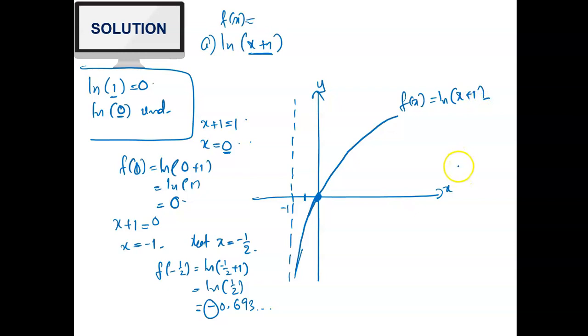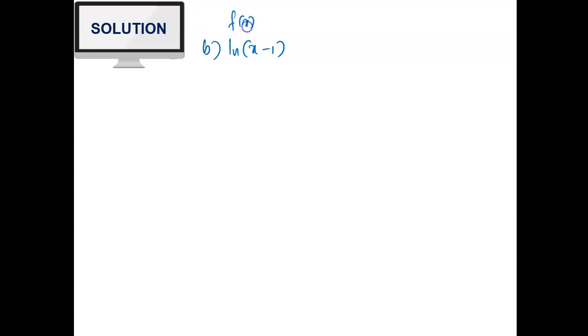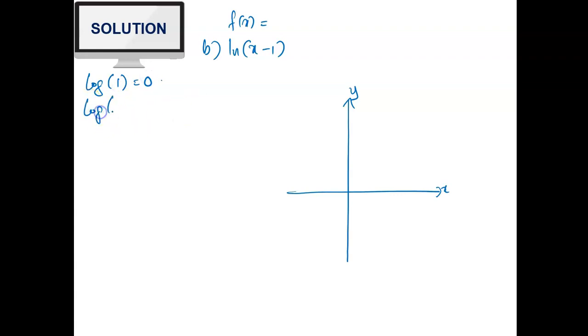Next question, f(x) equal to natural log of x minus 1. Again, this is our reference here: log 1 equal to 0, and log 0 is undefined. So let's compare this, x minus 1 equal to 1, then x equal to 2.